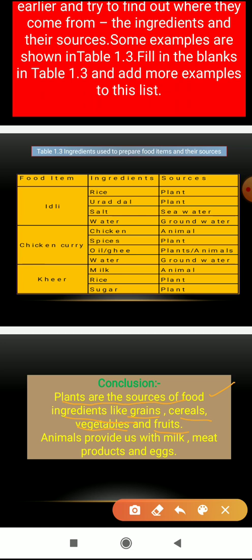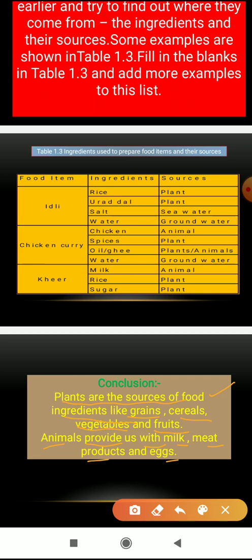And what is our second conclusion? Animals provide us with milk, meat products and eggs. Milk products include butter, cream, cheese and curd, which are prepared from milk.